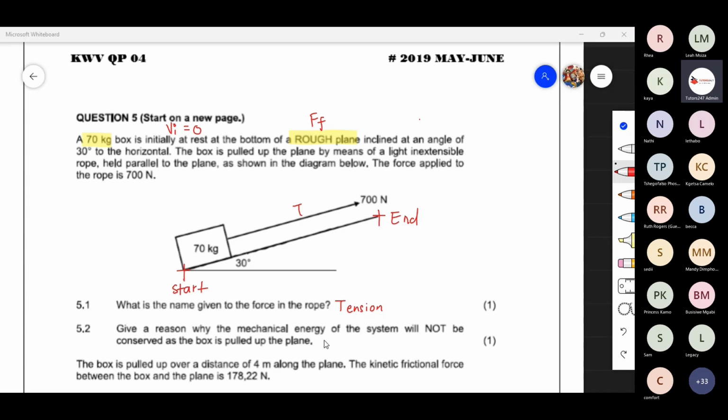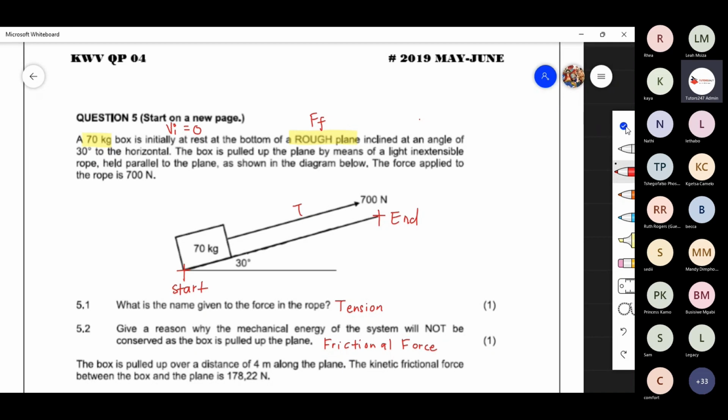And how do we know that there is frictional force acting on our system? It is because our question stated that this is a rough inclined plane. So the use of the word rough indicates frictional force.